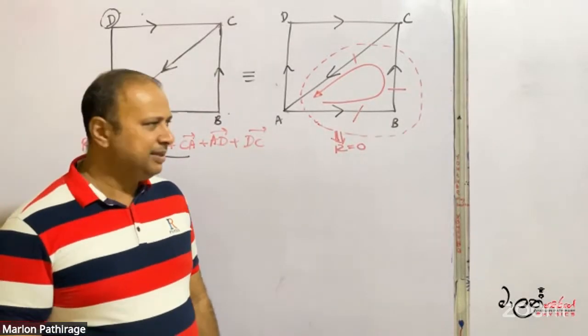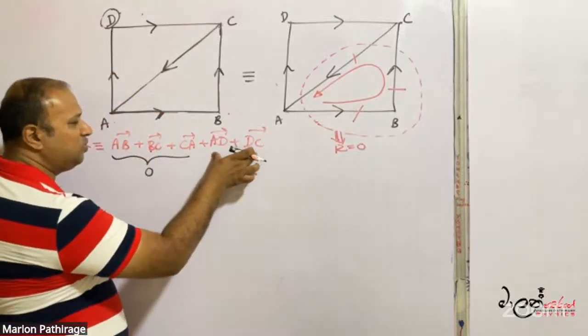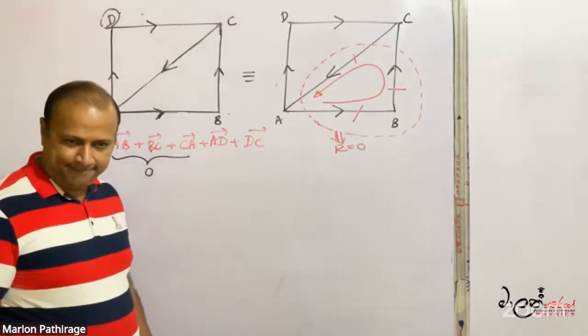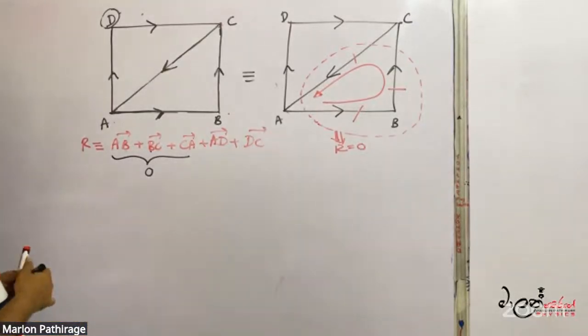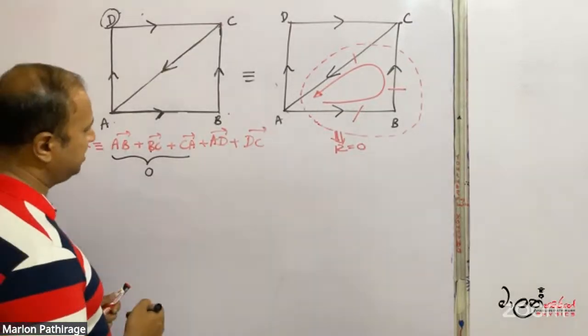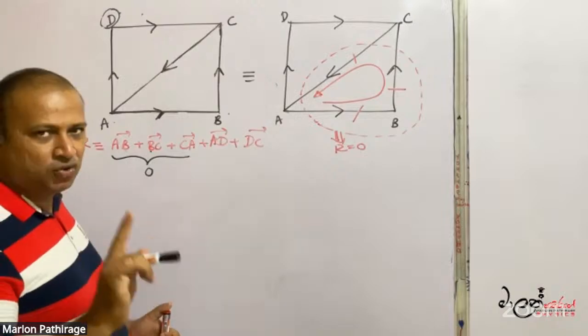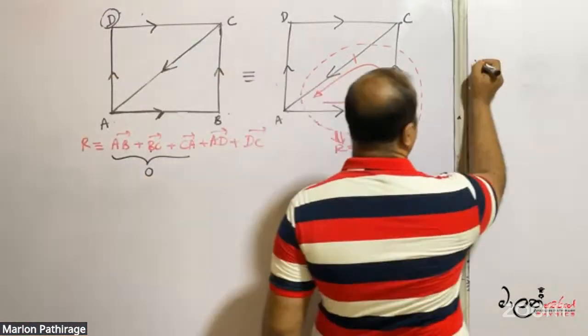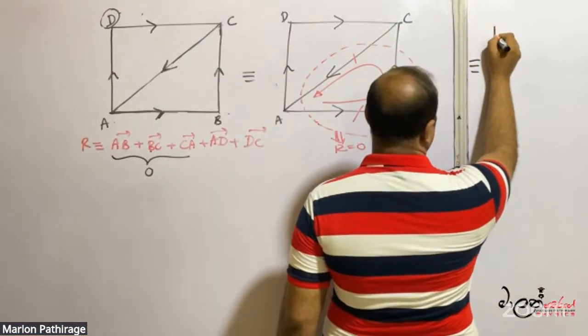That means these two are the only remaining vectors. Therefore, the vector system is reduced to 2 vectors now.